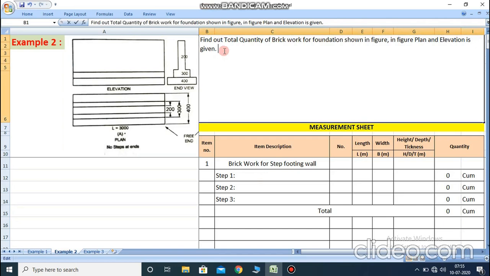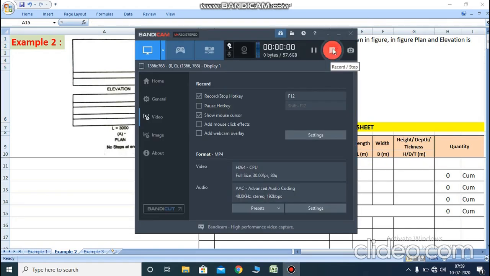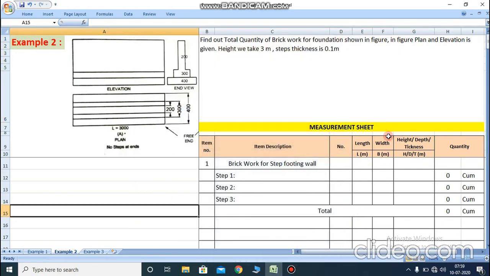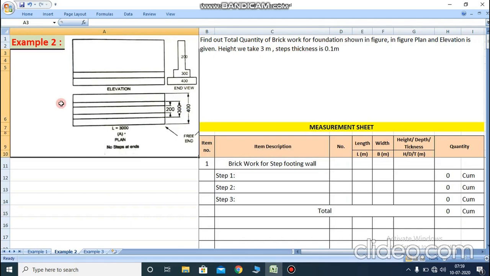So here we write a comment: height, we take 3 meter height of the wall. Now we take step thickness as 0.1 meter. Clear? So first, step 1: how to calculate the brickwork for a step footing for a wall.